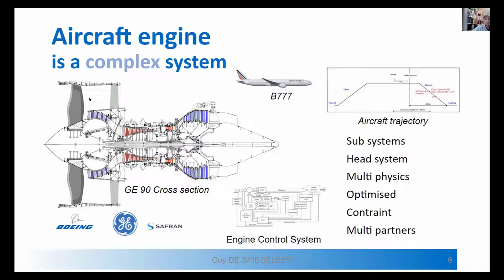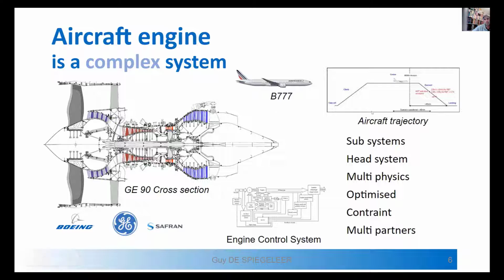Here you have the fan module. It's cold. You have low pressure air coming from outside. You've got high pressure air going out from the high pressure compressor. So a lot of different physics, dynamics, acoustics inside this system. But you also have to consider the control system with all the parts that are moving.